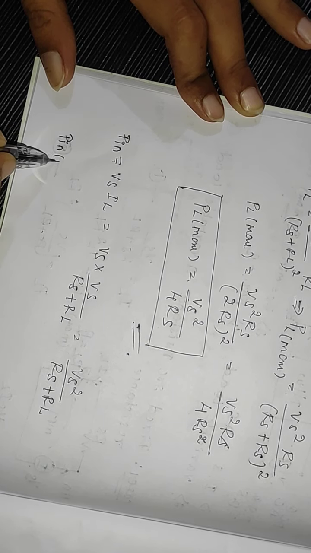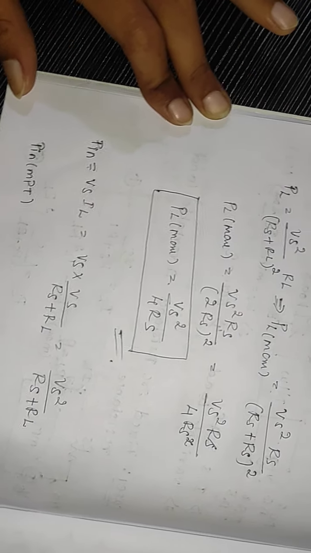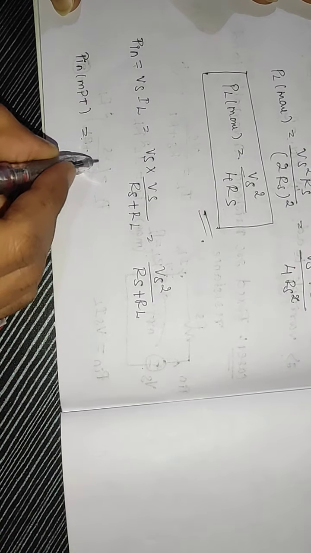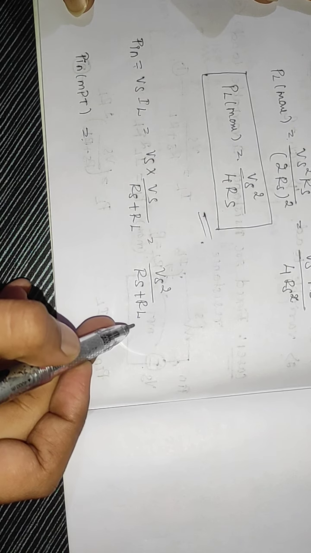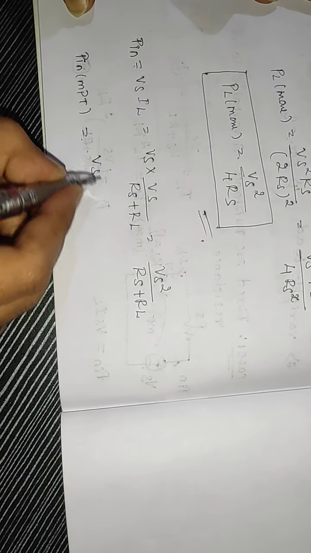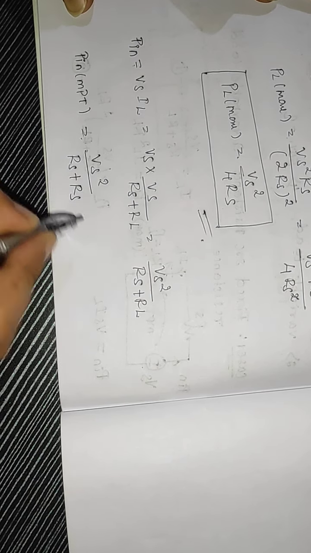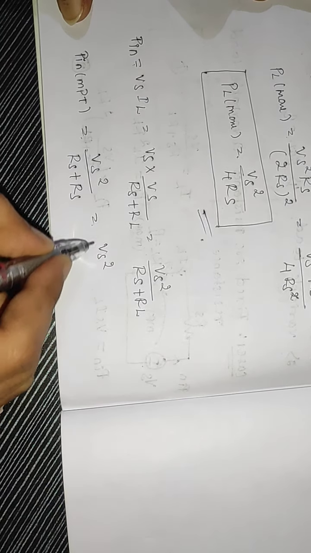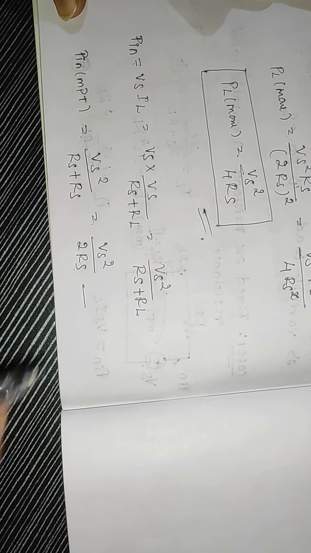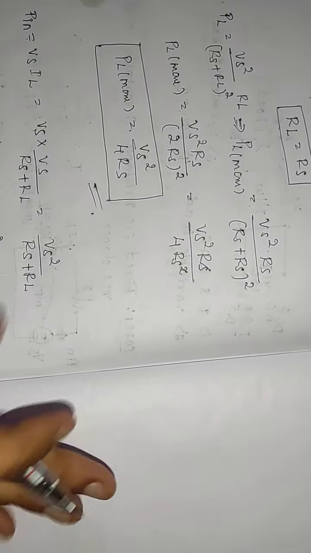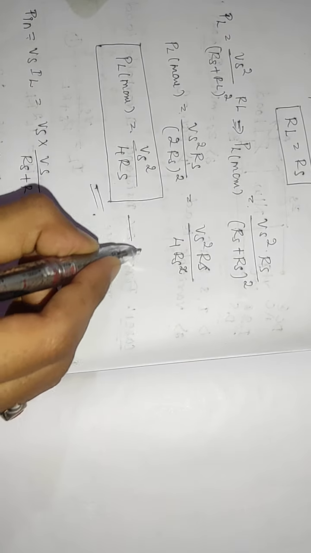So P in at MPT equals VS square divided by 2 RS. Okay, so this is equation 3. Consider this one as equation 4.